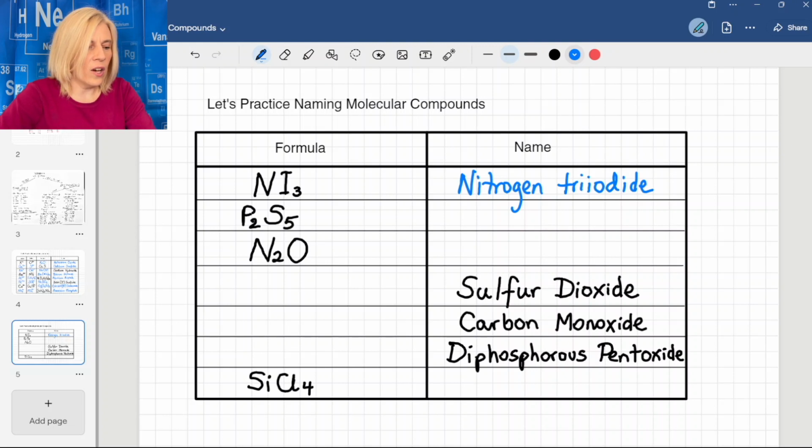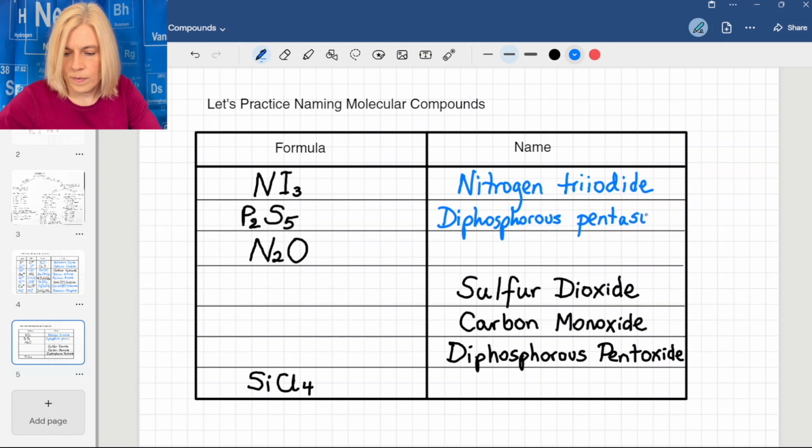Okay, let's go here. We have 2 phosphorus and we have 5 sulfur. So we're going to use a prefix system. So for 2 is di, so we have diphosphorus. And what is 5? So we have penta. Sulfide.